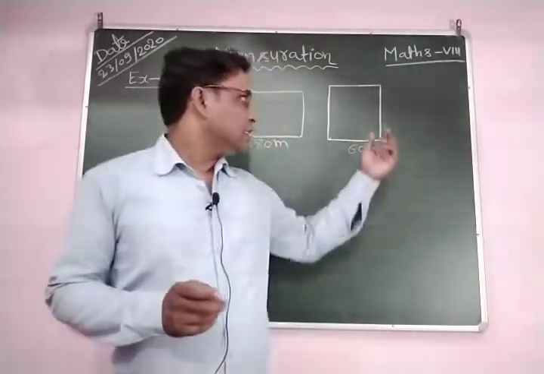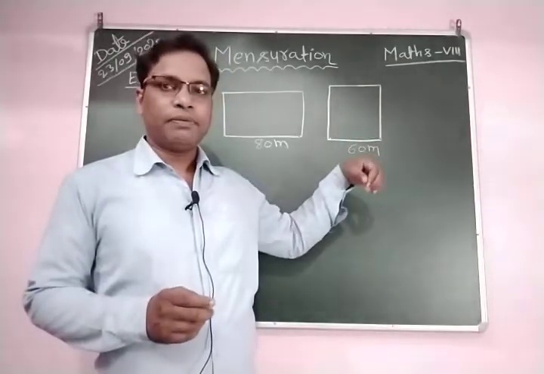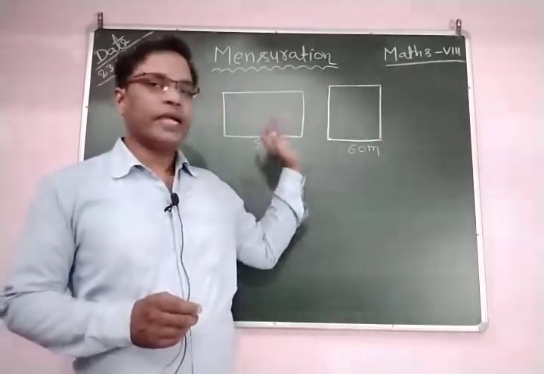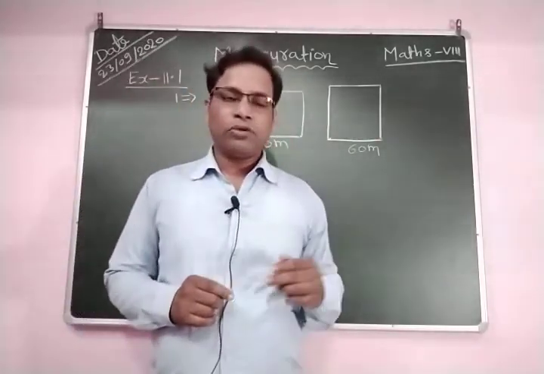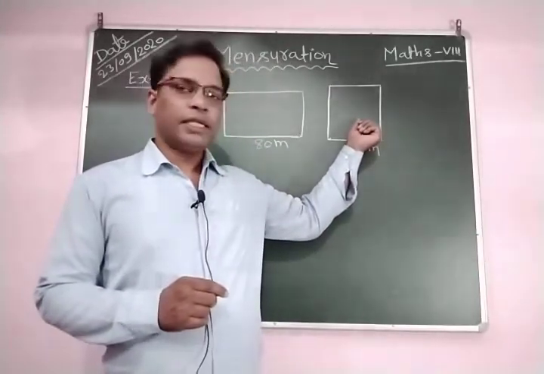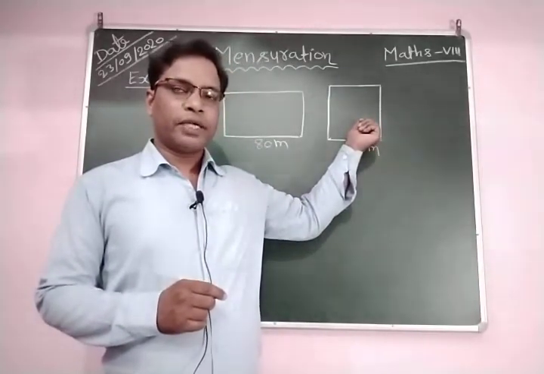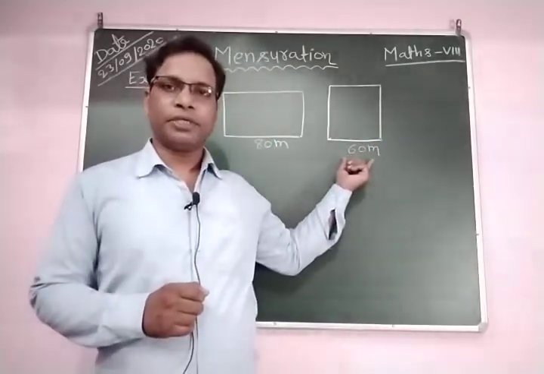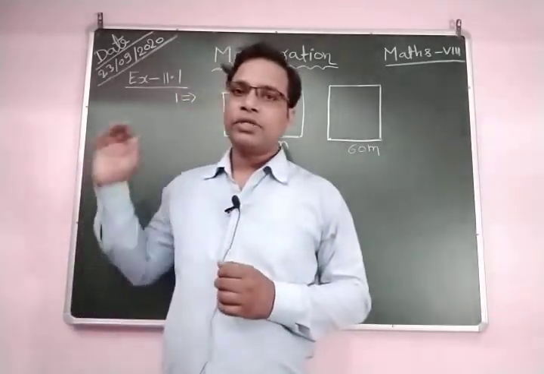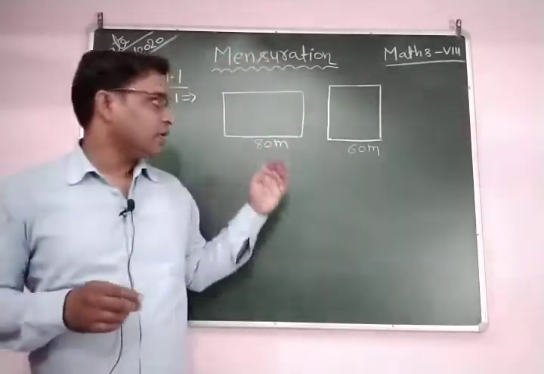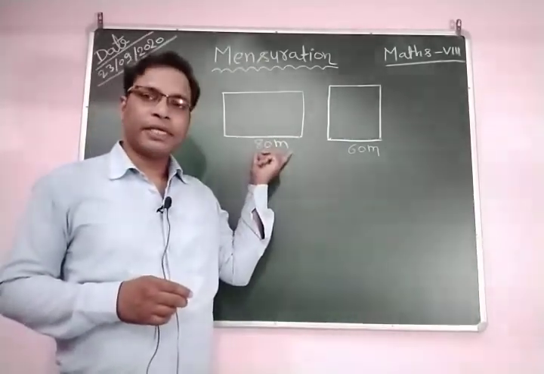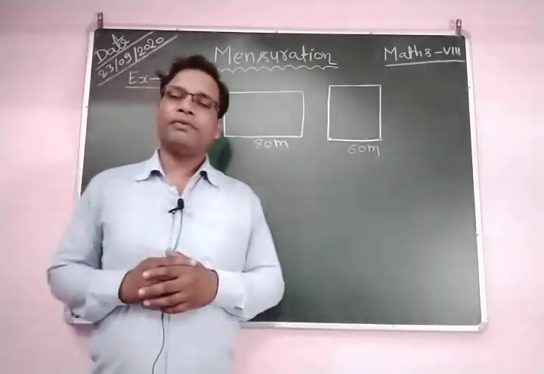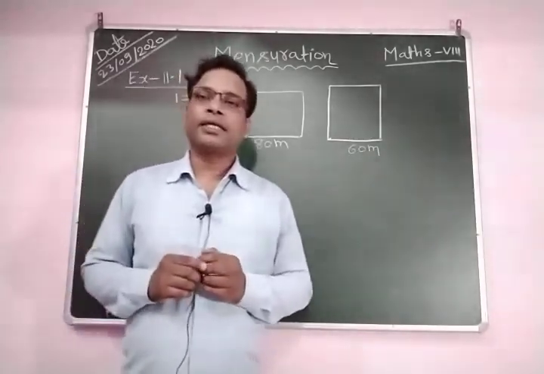It means each side of the square field is 60 meters, and here this is the length, and we need to find the breadth. To find the area of the square field, you know the area of a square is side into side, and the given side is 60 meters. In the case of a rectangle, the area is length into breadth. Here the length is given as 80 meters, so you need to find the breadth of the rectangular field. After this we find the area of the rectangular field.